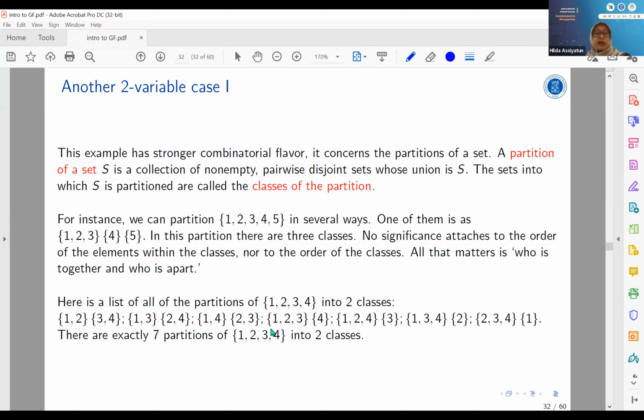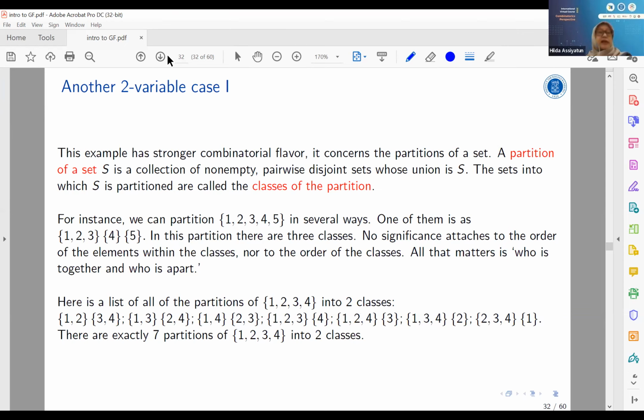In the second type of partition, the first class consists of 3 members, and the second one is a singleton. So the number of partitions of this set into 2 classes is 7.